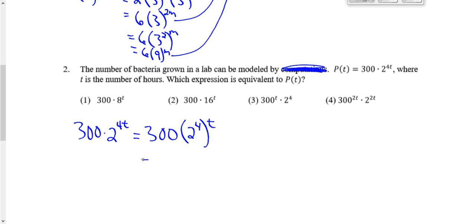So, what is 2 to the 4th power? Use your fingers, everybody. 2 times 2 is 4, times 2 is 8, times 2 is 16. So 300 times 16 to the t. All right, choice 2.